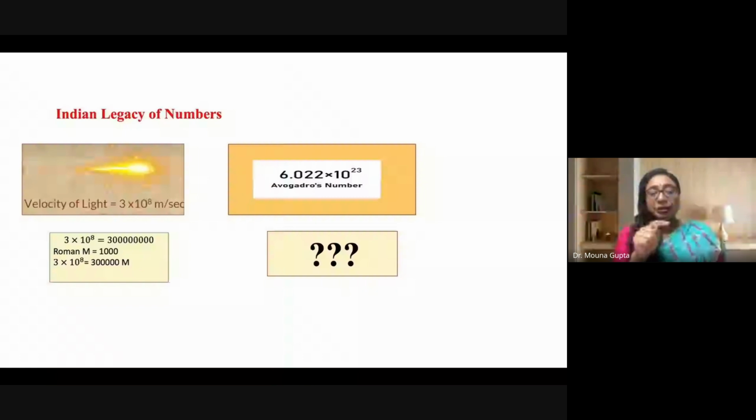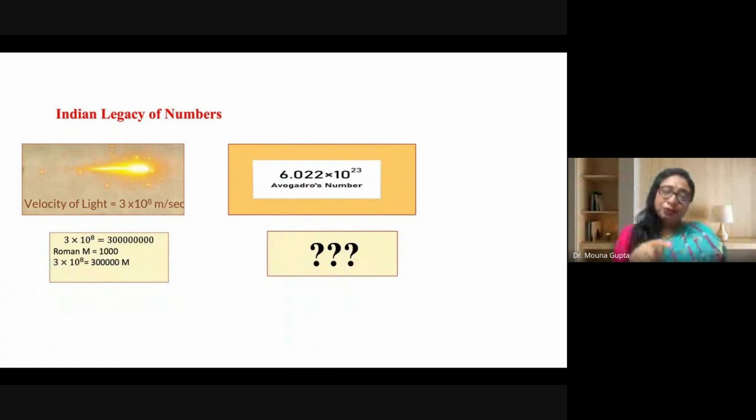Now you see, if we have to write the velocity of light, 3 into 10 raised to power 8 meters per second, which is 3 followed by 8 zeros, how many times do we have to write this M? If we are trying to write it with Roman M, you can see we have to write this M 300,000 times.